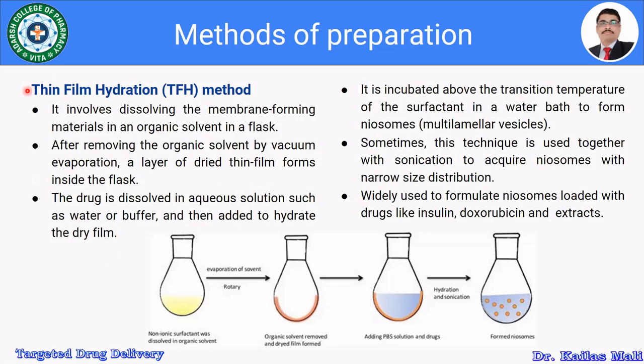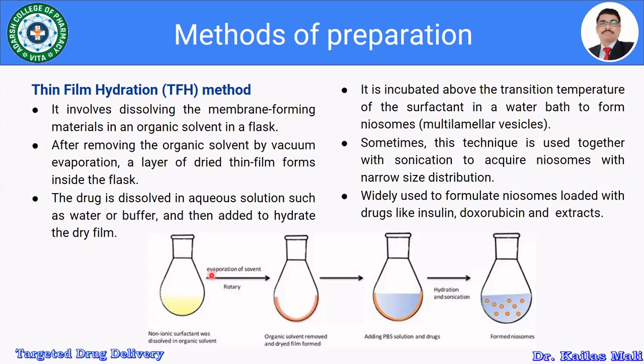Let us see the thin film hydration method. We will discuss the thin film hydration method in brief. It involves dissolving the membrane forming material in an organic solvent in a flask. So the first step is to prepare the solution of the membrane forming material in the organic solvent.